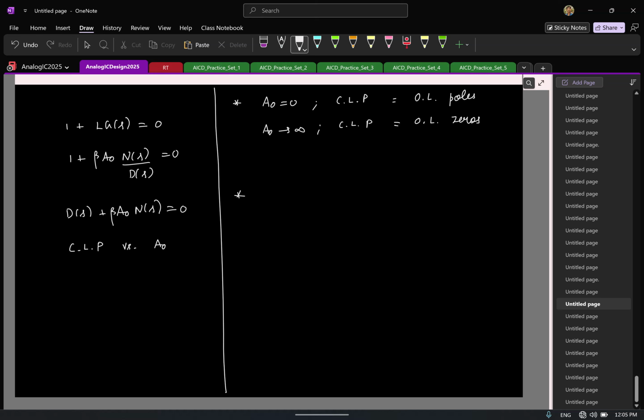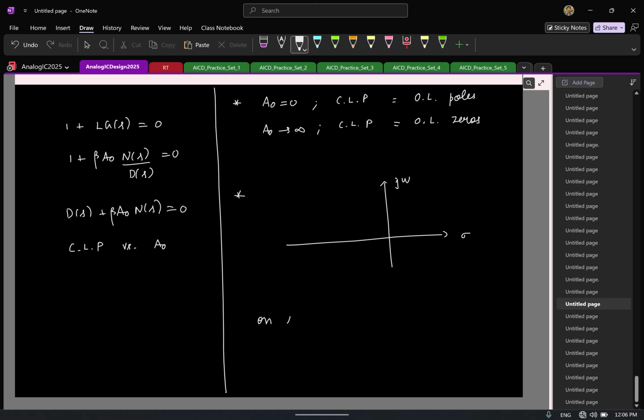And the second thing that we will use, I will not derive for the sake of time, but it's pretty trivial to derive. Remember that we are trying to plot the location of closed loop poles. So in general, it can be complex. Correct. So this locus of the closed loop poles can either be on the real axis or in the S plane. It turns out if it has to be on the real axis, the condition is, anyone remembers?